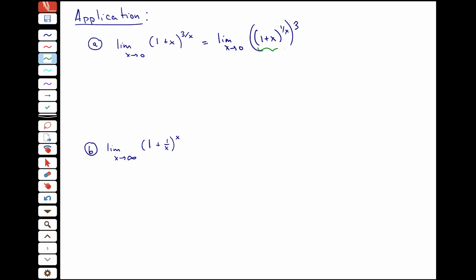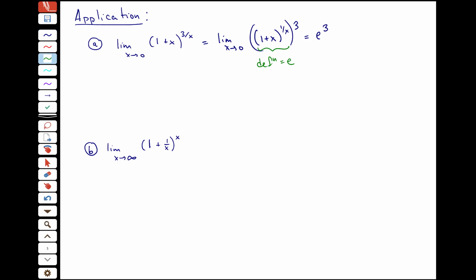And now I look at the inside of this and I recognize it as the definition of e. And so overall, when I take this limit, I just get e to the third power, which is a number. Remember, e is approximately 2.718, so this is less than 27. So this limit problem looks really awful, but if I think creatively and remember the definition of e, it's actually not so bad to solve.